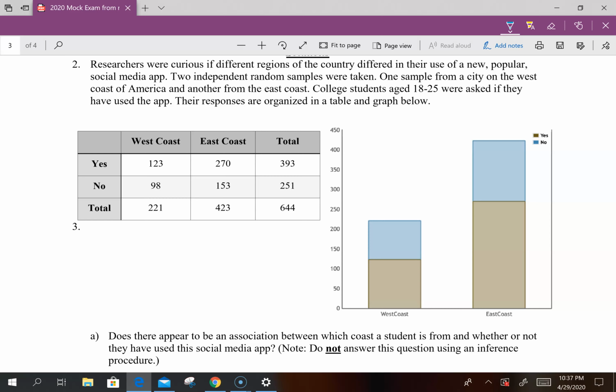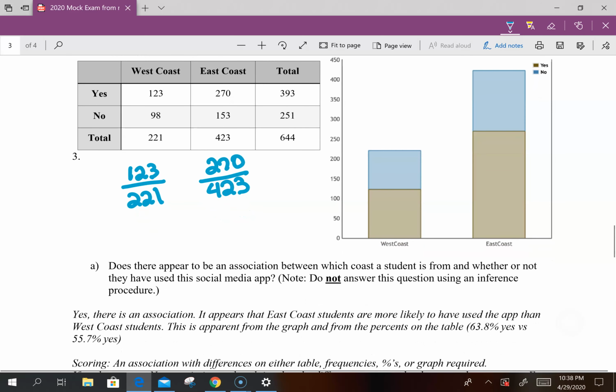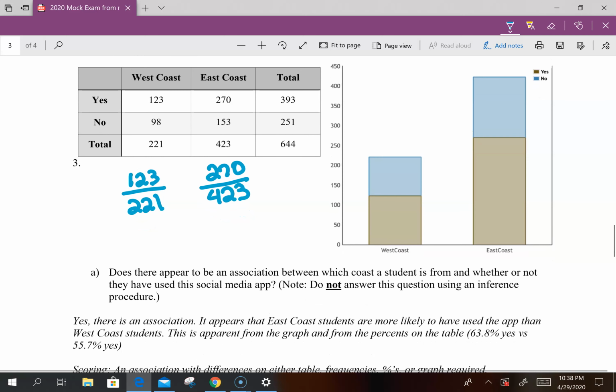All right, so if you're a West Coast person and you've used the app, that's 123 over 221. If you're an East Coast person and use the app, that's 270 out of 423. All right, so when you start crunching those numbers, the East Coast students are a little more likely to have used the app than West Coast students.